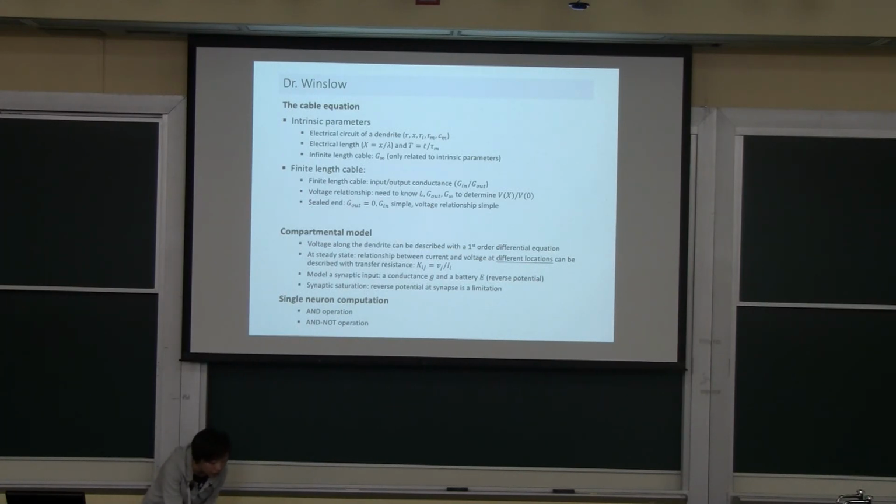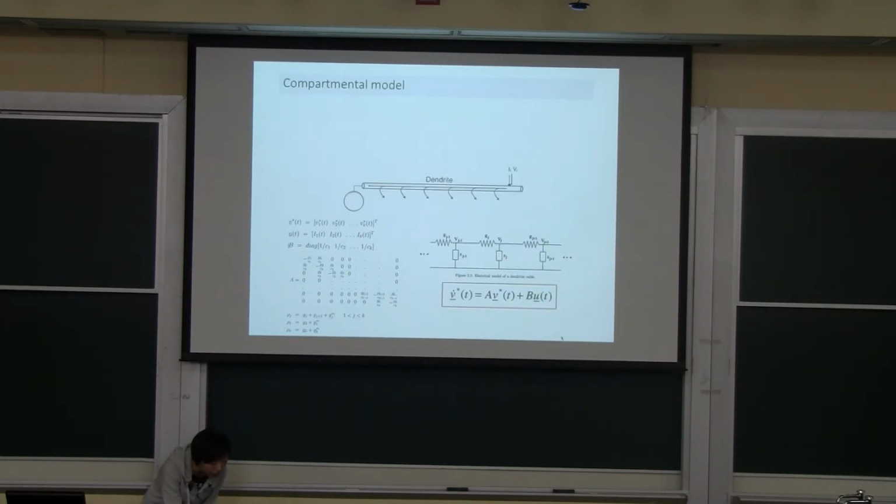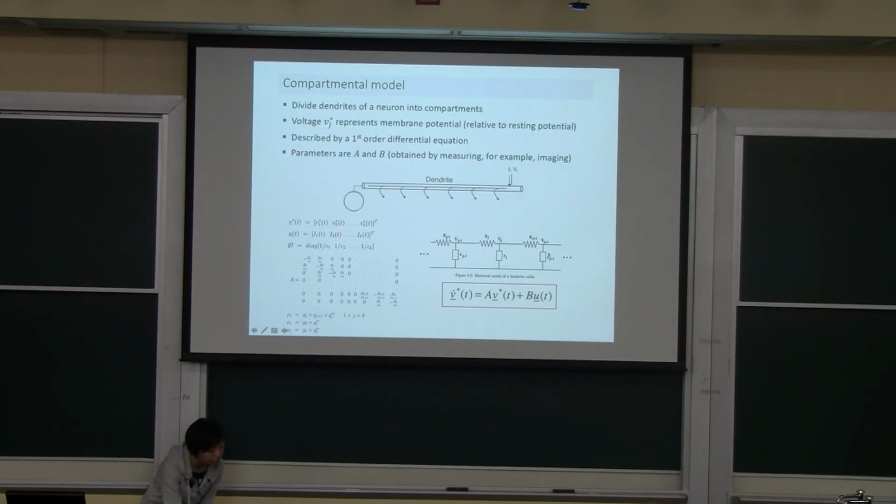Let me go back. Okay, so this is the whole dendrite. Then you can divide it and model the dendrite with this, and each of these Z is the impedance across the membrane, so it's like a parallel resistor and capacitor. Then this V is actually a vector along the dendrite.